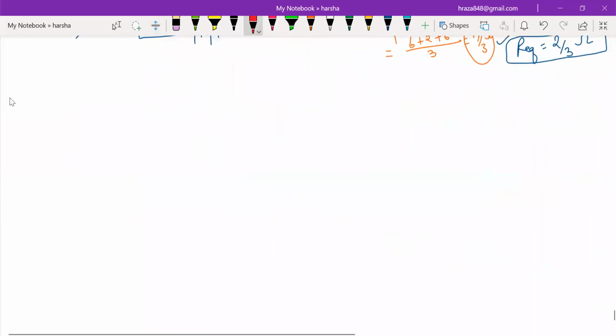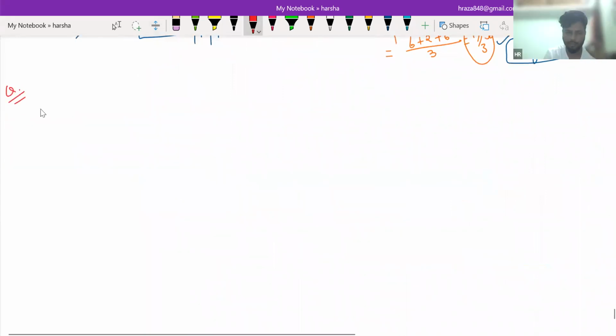Very good. Now see, I'm going to give you a very easy question. The same question, find the equivalent resistance. If a question is asked like what is the current in this type of resistor, then we have to know the equivalent resistance. This is very basic. That's why I'm focusing on how to calculate equivalent resistance.